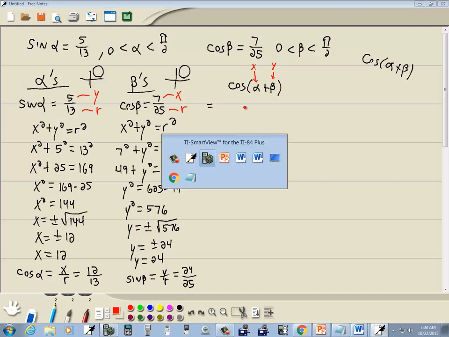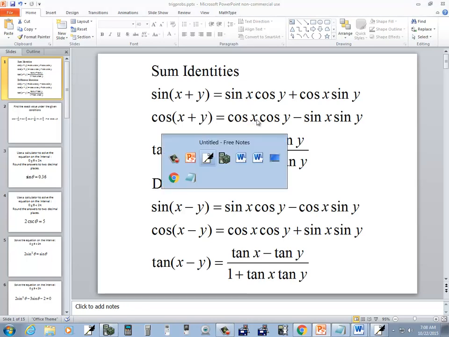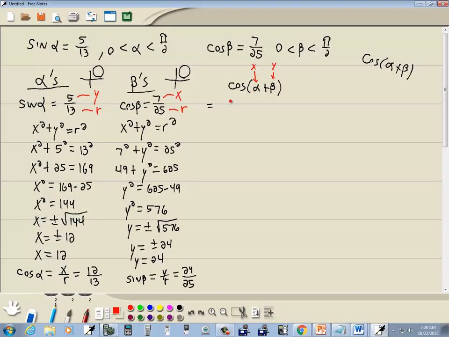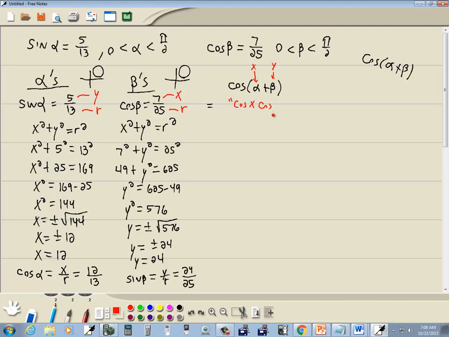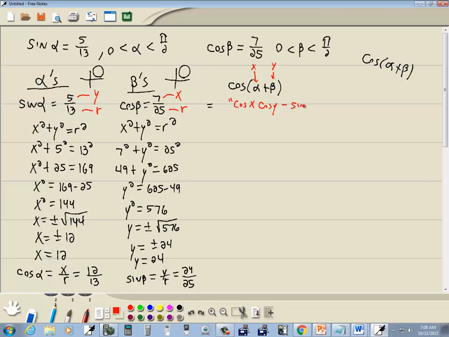So our formula over here says that cosine of x plus y is equal to cosine x cosine y minus sine x sine y.